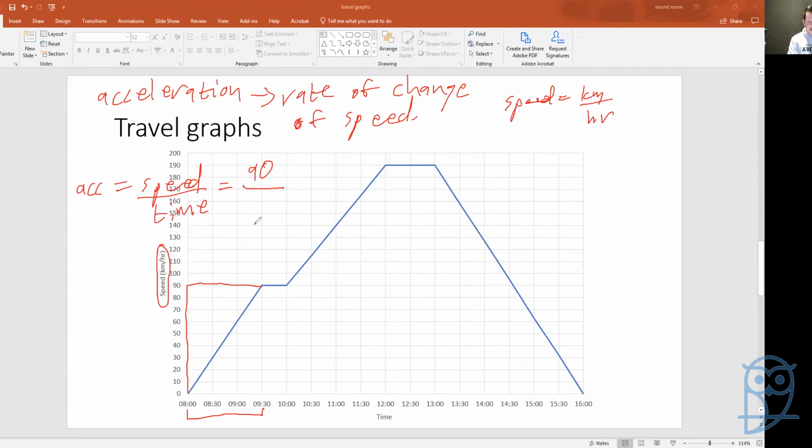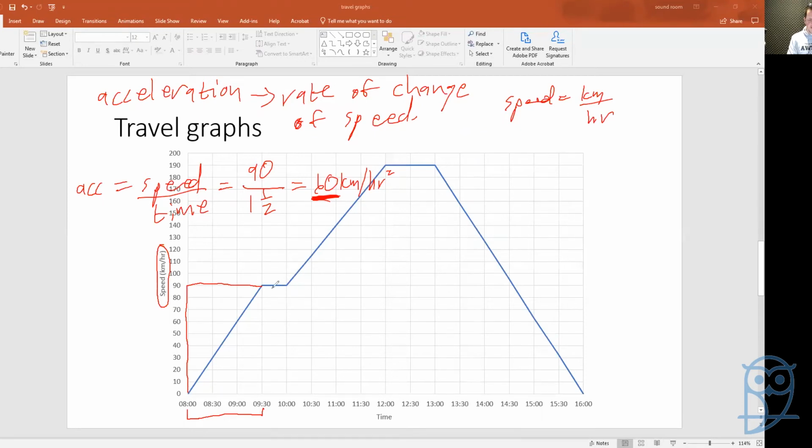And the time, it took me an hour and a half. So it's 90 divided by 1.5. And that should come out at 60 kilometers per hour squared. So your acceleration is 60. Amazing.